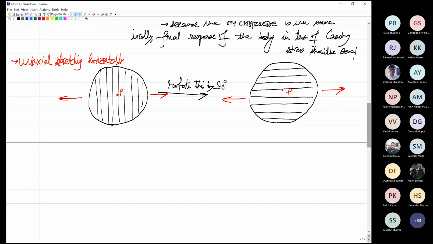Okay. So this brings us to the final definition for the material symmetry that we wanted to discuss.